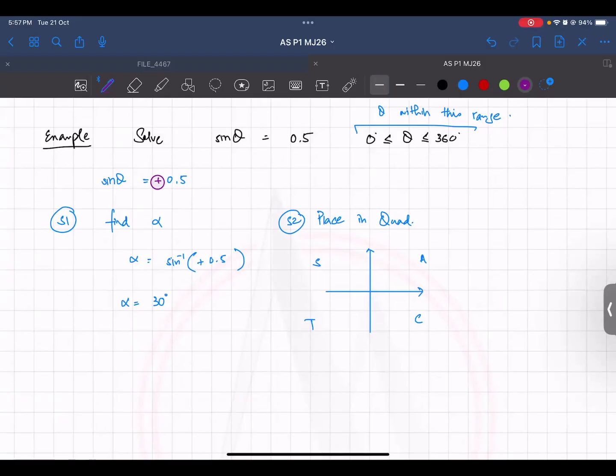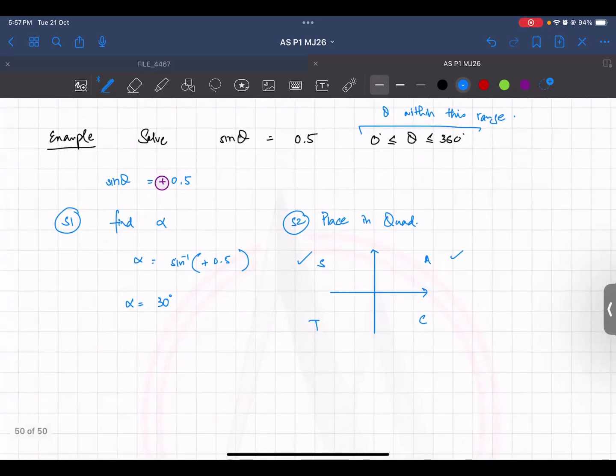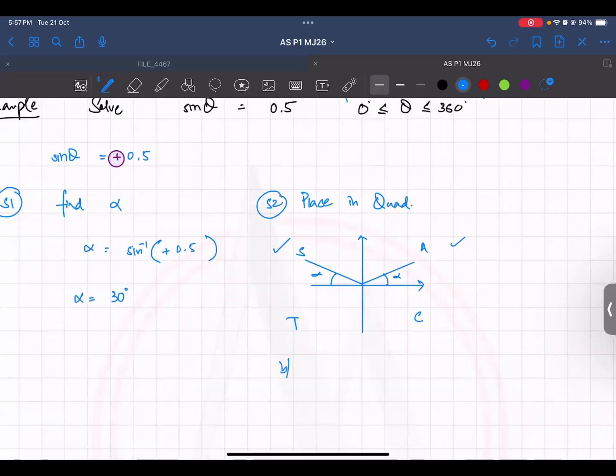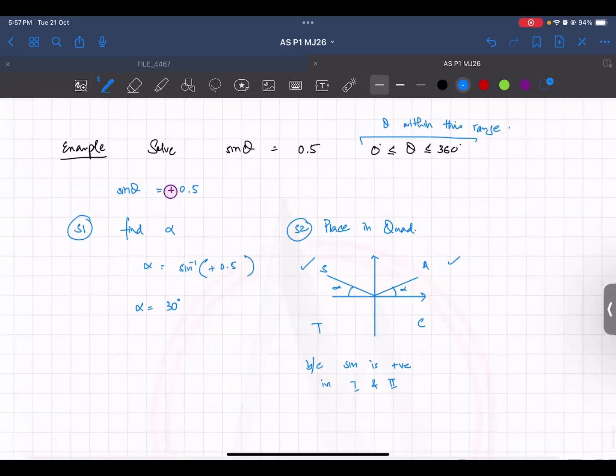So you will only place this alpha in the quadrants where your sine is positive, which are the first and the second. A is all positive, S is only sine positive, others are negative. So you will place your alpha like this. This is your alpha over here, and this is your alpha over here, in the second and the first, because sine is positive in the first and second quadrants. That's why you have placed your alpha in only these places.